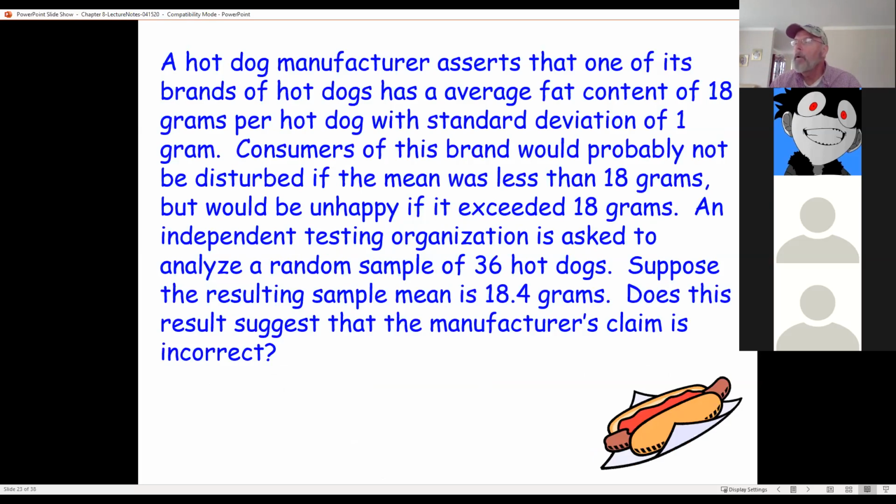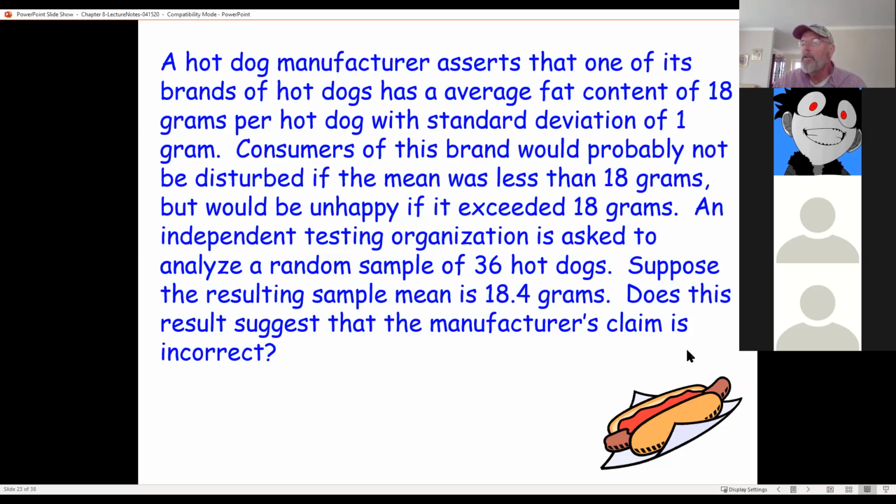For consumers, they wouldn't mind having less than 18 grams, and probably would be unhappy if it exceeded those limits.